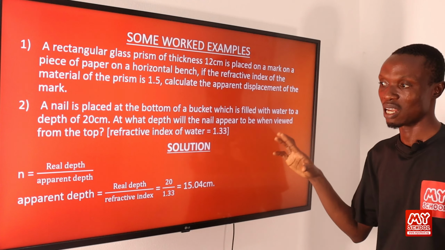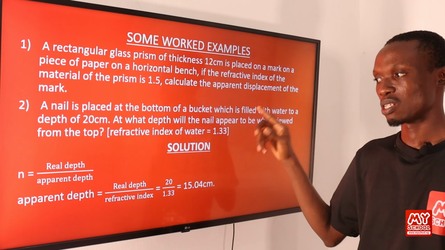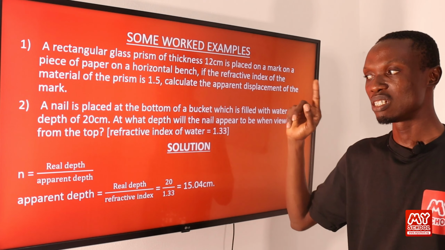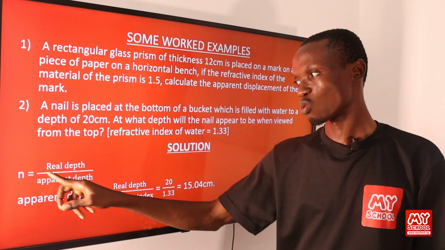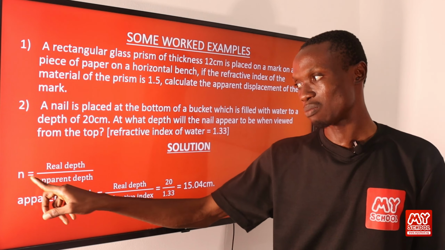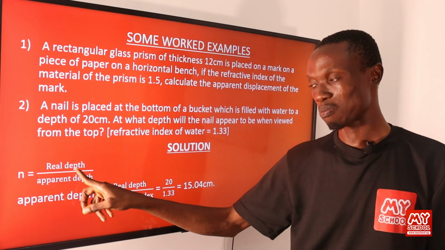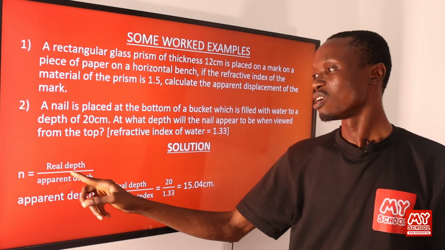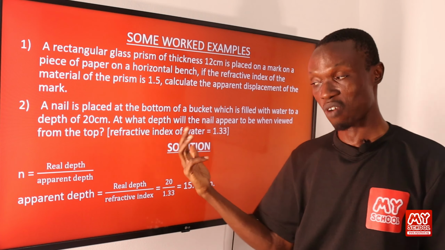Remember that the relationship between refractive index, real depth, and apparent depth is given as n equals real depth all over apparent depth, right? From here we can just switch position between apparent depth and real depth. Of course, if we were calculating for real depth, you can't switch position, you just cross multiply. In this case we will also cross multiply, but we are just trying to make it faster.